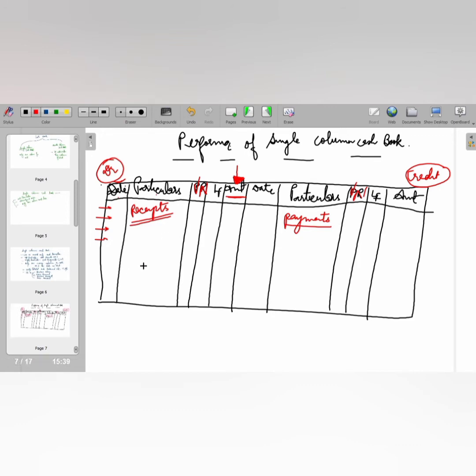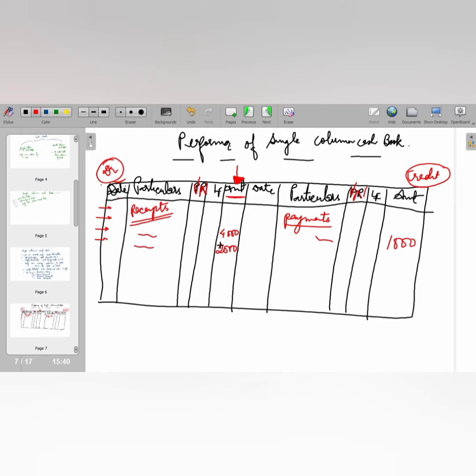Now, if there is an imbalance between these two sides, the balancing amount will be written on the different side. Suppose I take an amount here 4,000, the amount is 2,000, and here the amount is 1,000. Whatever the transactions be.